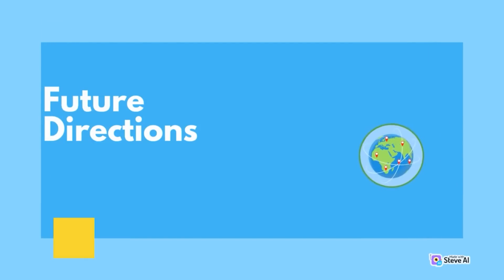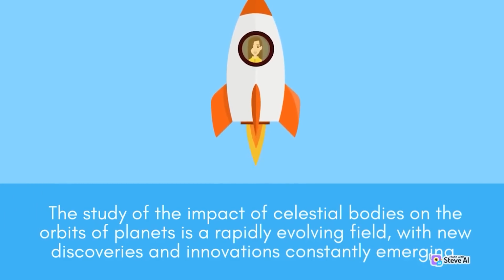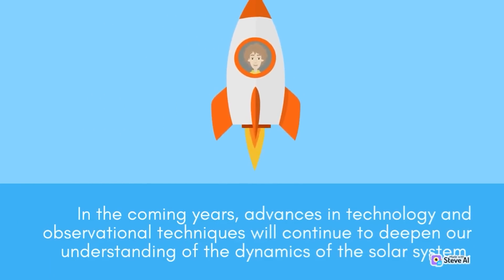Future directions. The study of the impact of celestial bodies on the orbits of planets is a rapidly evolving field, with new discoveries and innovations constantly emerging. In the coming years, advances in technology and observational techniques will continue to deepen our understanding of the dynamics of the solar system.